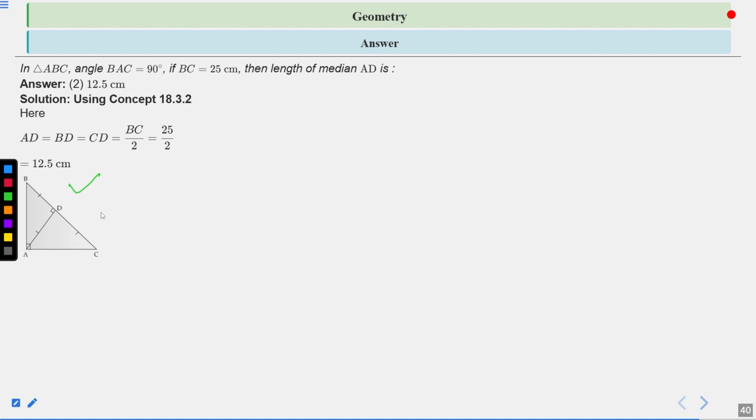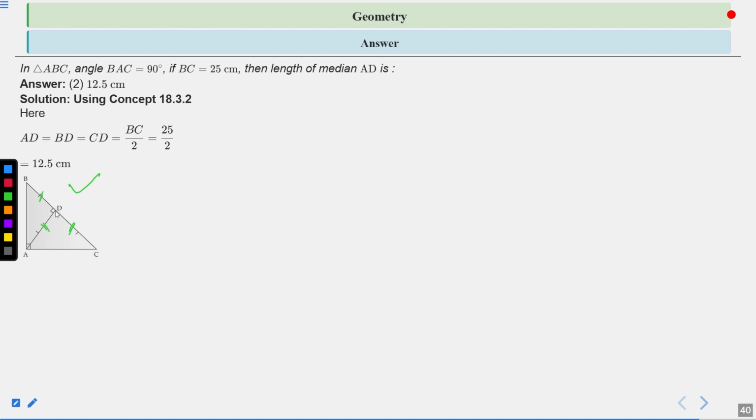So in a right angle triangle, we know that when we draw the median, it will divide the length of the hypotenuse into two equal parts. So by using the formula, we know that all these sides are equal: BD equals AD equals CD. All will be equal because D is behaving like a circumcenter.